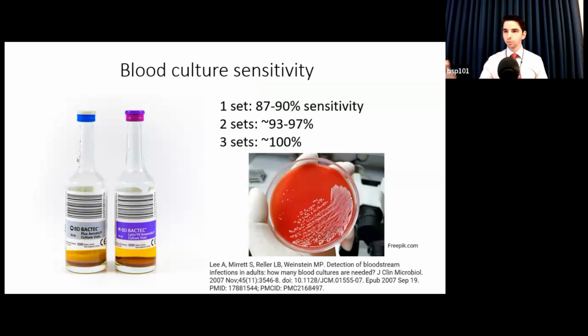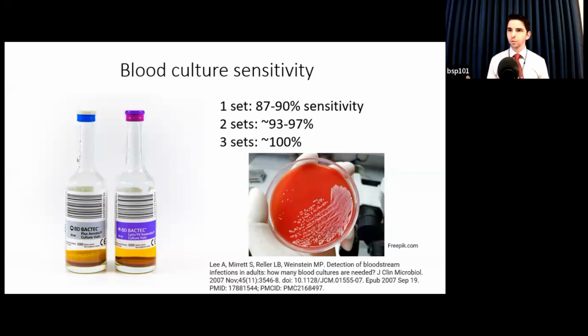And your test result is only as good as your test sample. With a blood culture bottle, you want to get at least 8 to 10 milliliters of blood, and that's in each bottle, the aerobic and the anaerobic bottle. But one set of blood cultures has a sensitivity of about 87 to 90% for Staph aureus. It's lower for other bacteria, but Staph aureus' sensitivity is better because it is a rapidly growing bacteria.